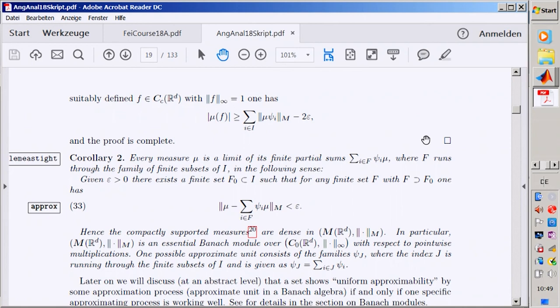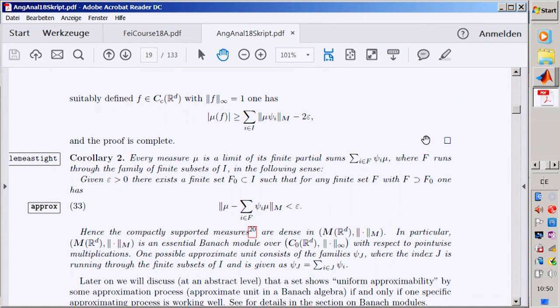So if I multiply the mu with a sufficiently large plateau function, this is a well-defined functional. I have a compactly supported functional, and therefore I have all the properties that we need, and therefore also the proof that we had before is okay.